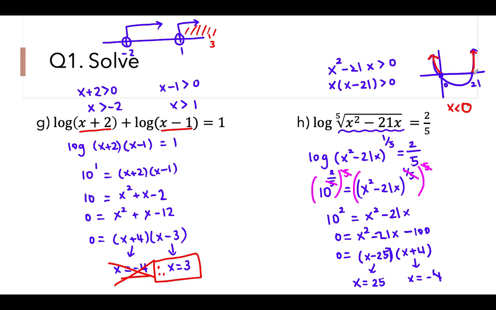And we want x to be greater than 21 in order to show the red graph, right? Now let's double check. 25 is definitely greater than 21, so this works out. And negative 4 is less than 0. So therefore, we have two answers for this question.